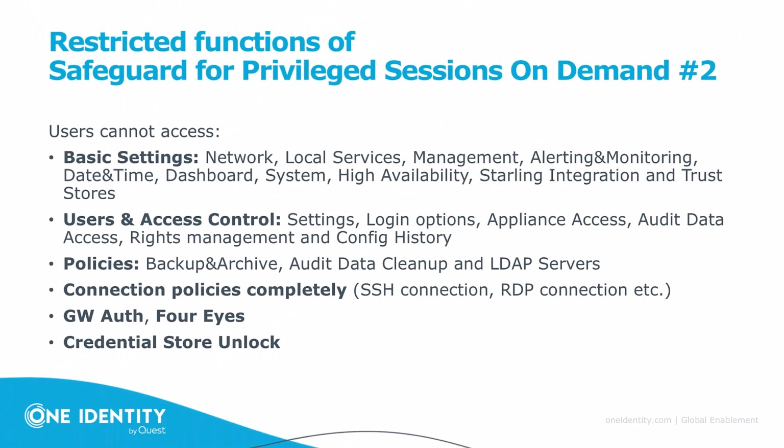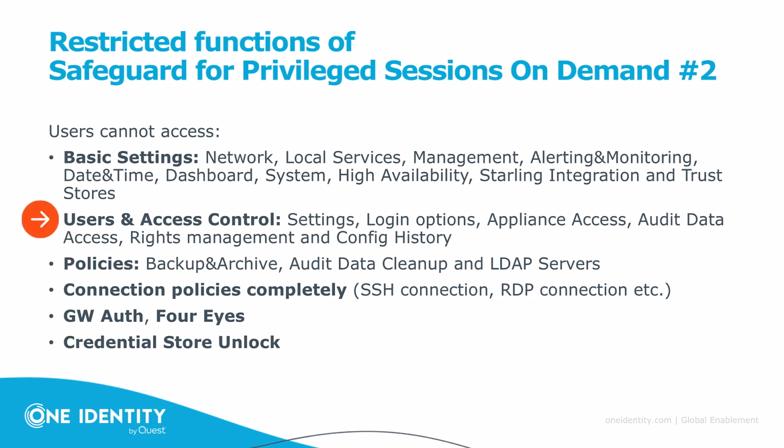When you log in to the SPS interface, you will find that many of the menu points are not available. Here's the list and the reason. Basic settings: many of the submenu points are not available because they are managed by One Identity on one hand, or maybe they are not supported currently, like high availability.